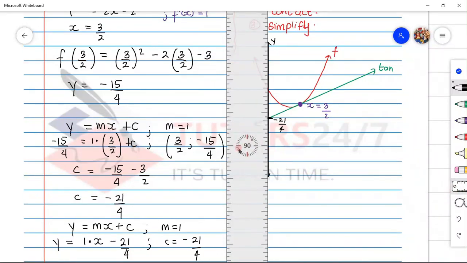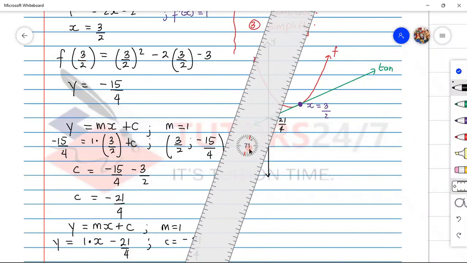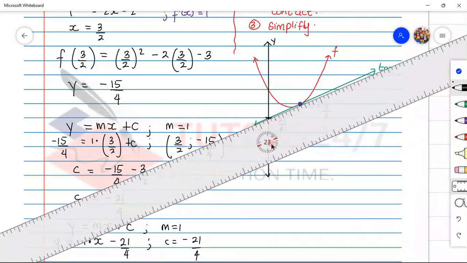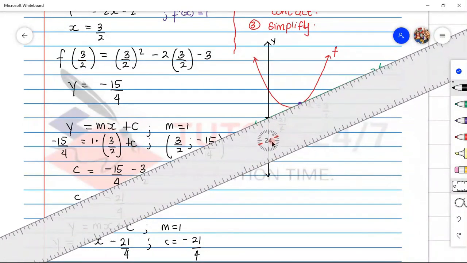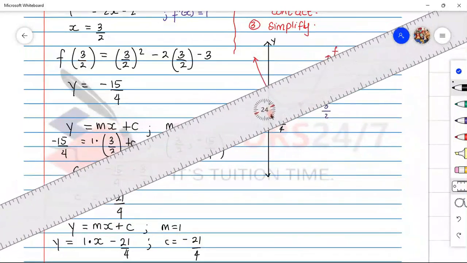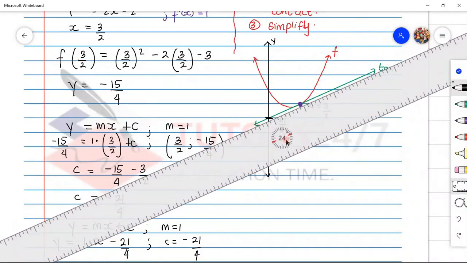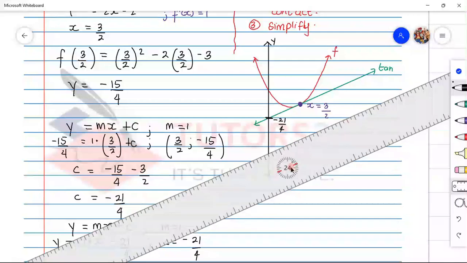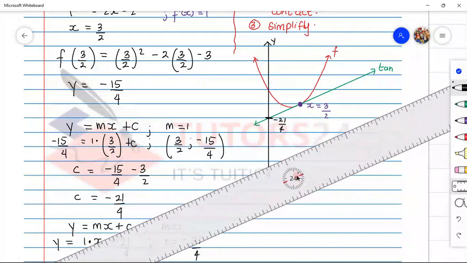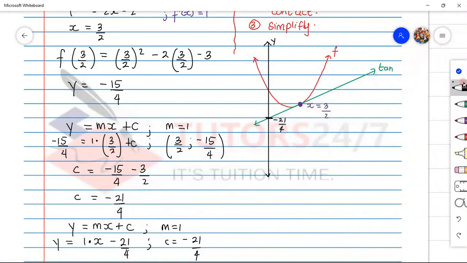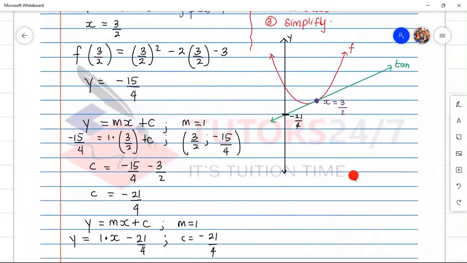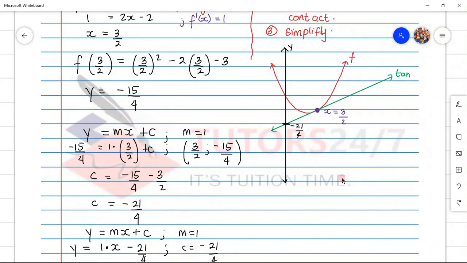So if we have our line h, this line h has to be lower than negative 21 over 4, because if it's above negative 21 over 4, it's going to start intersecting f. So our k value has to be less than negative 21 over 4. As you can see, if it's less than negative 21 over 4, it's not going to intersect. And that is the final question of our 2018 November exam paper.